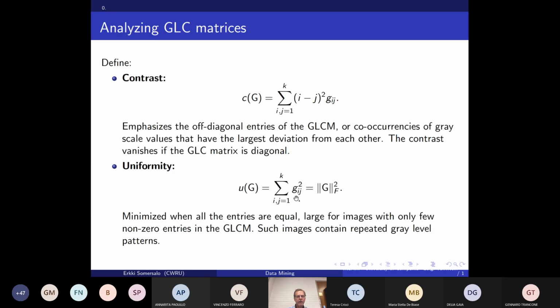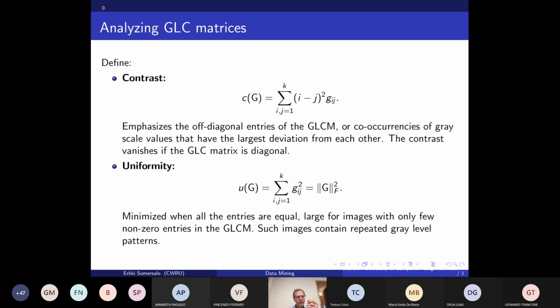So if you look at this uniformity, it's just the Frobenius norm of F. And so when you have a very uniform picture, so suppose you have a gray image, that means that you have only one value on the diagonal. And since we are dividing by the sum, your matrix would be all zeros, and there's just one in one diagonal entry, right? Because there's just one gray level.